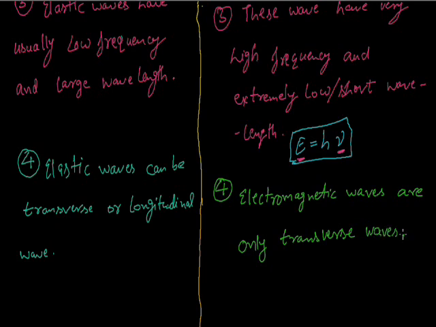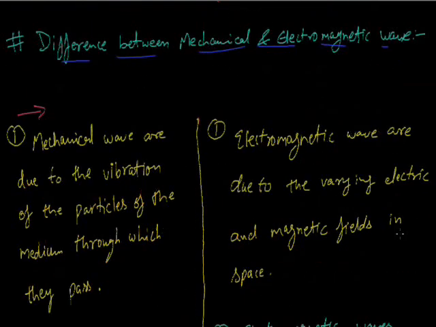In the next session, we'll study the classification of waves on the basis of vibration of medium particles, that is transverse waves and longitudinal waves. We'll study these in detail. Okay. Thank you.